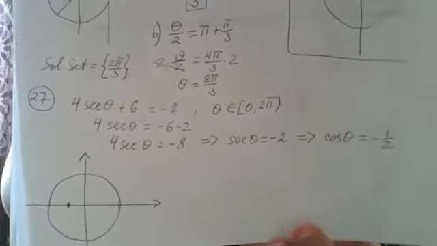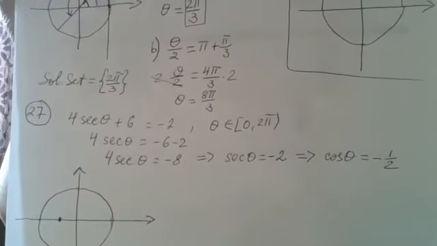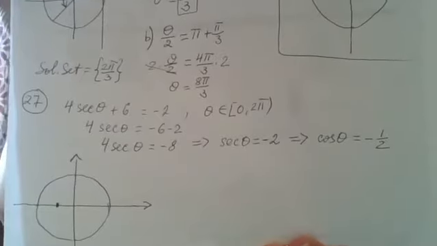Negative 1/2 should be equal to the x coordinate, right? Look where I found the location for negative 1/2, right in the middle of that radius on the left side from 0. Is it negative 1/2?